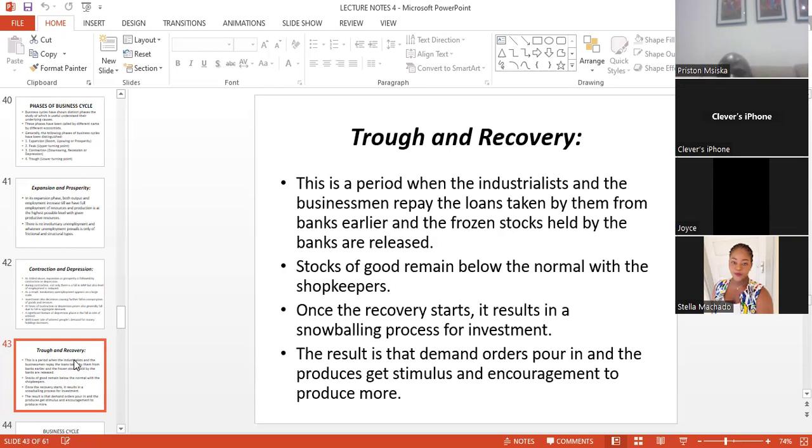Now, because there was lack of investment, there was unemployment, slowly the warehouses start getting empty.